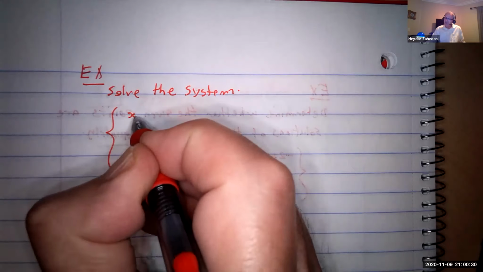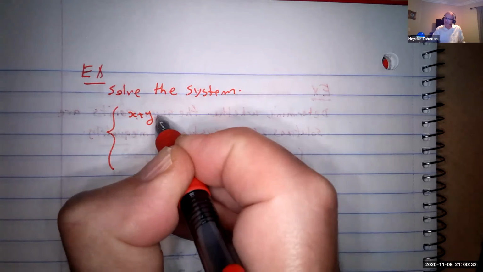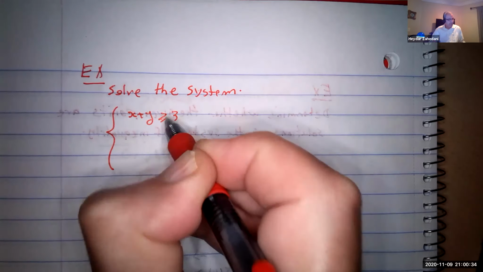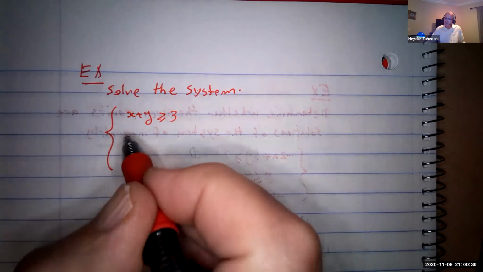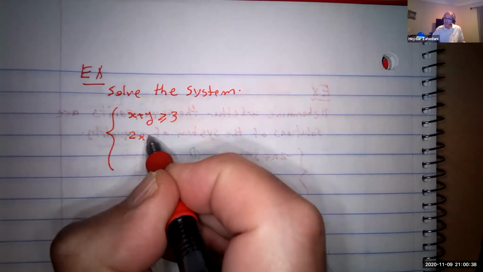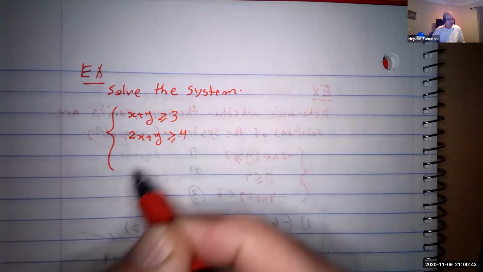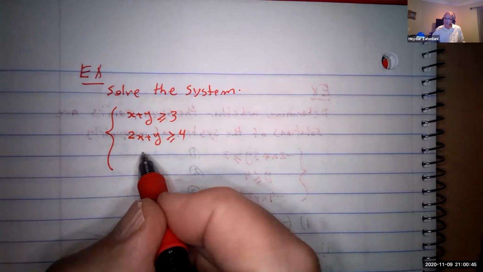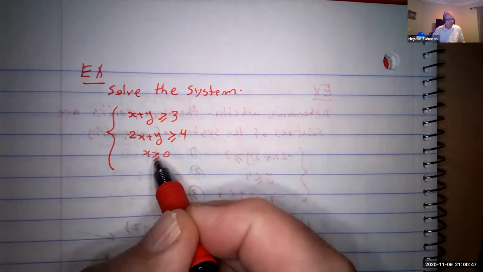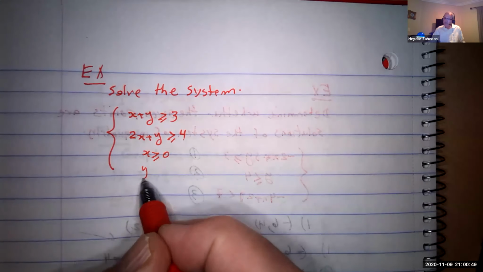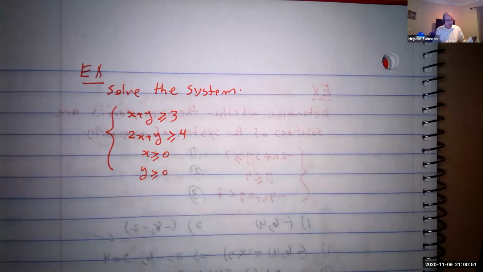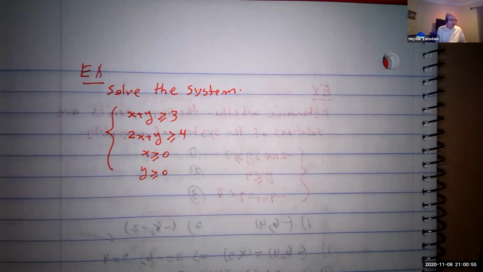The first equation is x plus y greater than or equal to 3. The second equation is 2x plus y greater than or equal to 4. The third is x greater than or equal to 0. And the next one is y greater than or equal to 0. So this is the system that we are interested in.